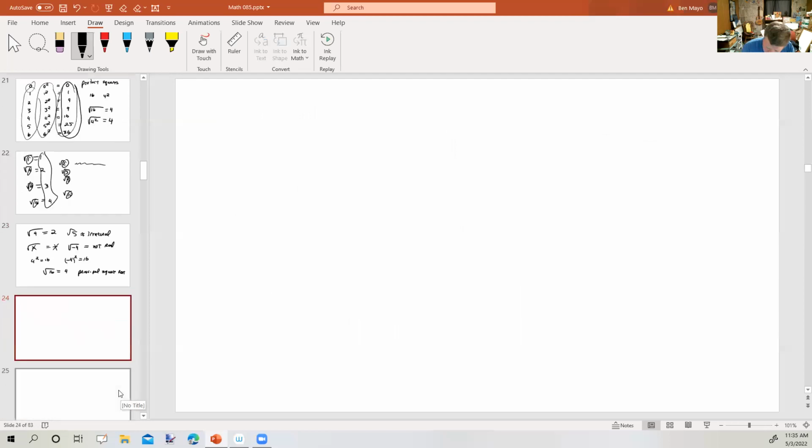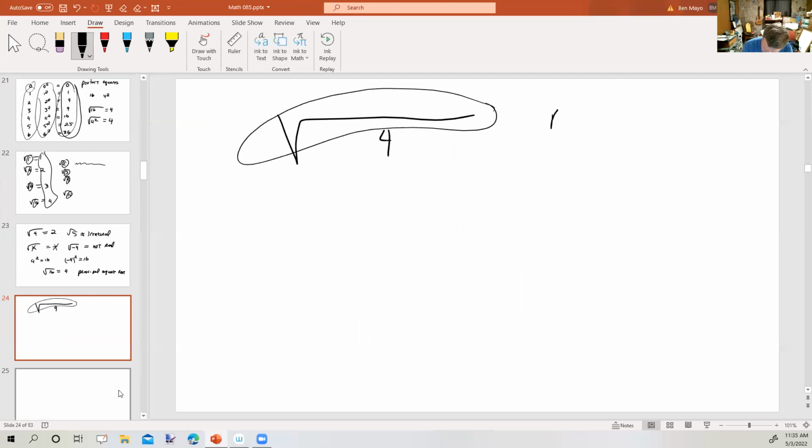Let's take a look at the notation and the names for things. So let's say I've got the square root of 4. This is called a radical symbol or a radical sign. This number inside is called the radicand.